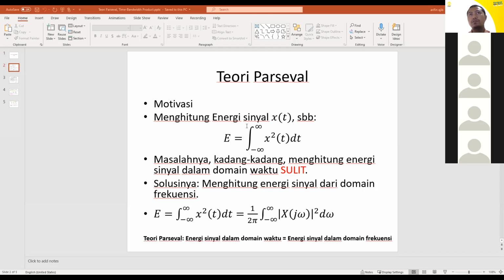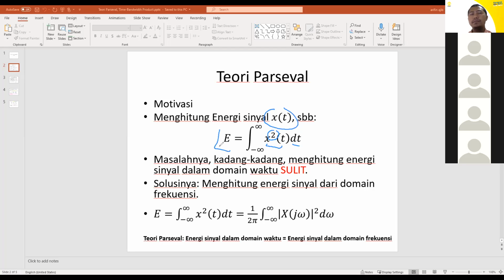The motivation is, as we know, when we compute the energy of a signal, let's say here is x(t), this is an arbitrary signal, in time domain, you can check from the first meeting, the energy is the integration of the signal powered by 2, from minus infinity to positive infinity, of x(t) powered by 2 dt. That's the energy of the signal.